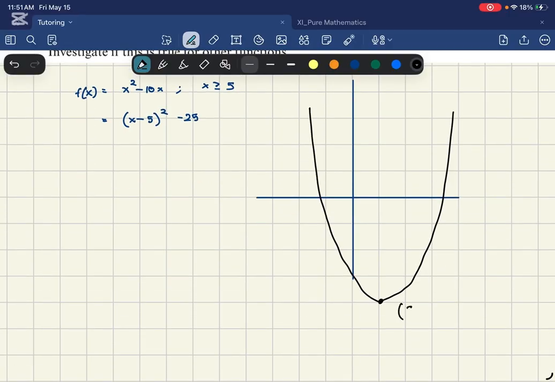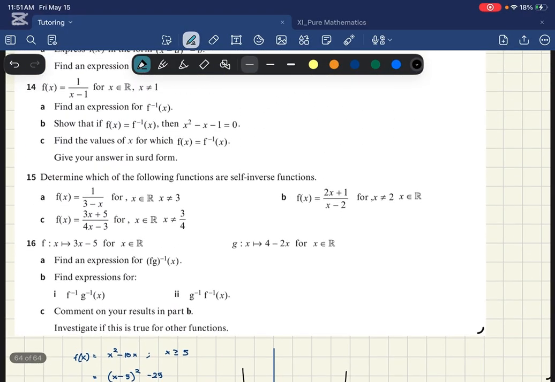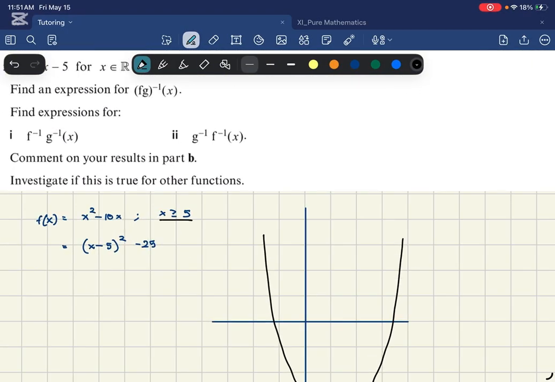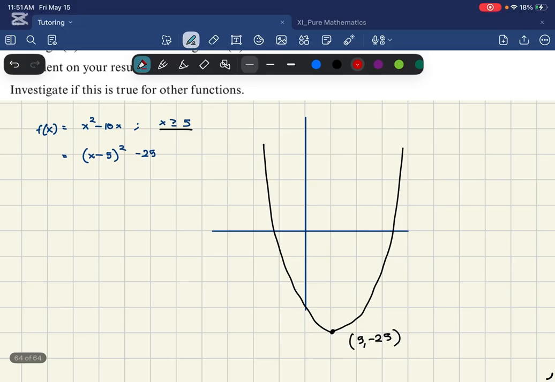So this is going to be 5 comma negative 25. All right, and we are given this domain restriction. So we only want to consider this part, the red arm of the branch.